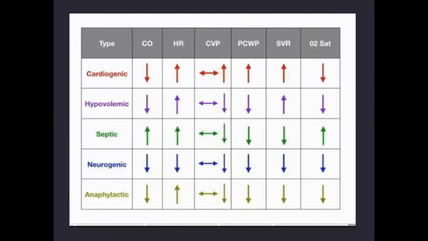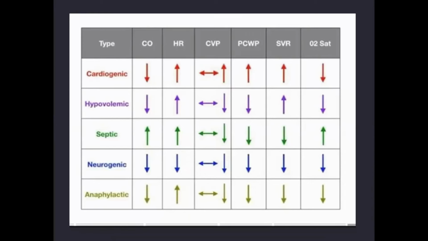The pulmonary capillary wedge pressure drops in septic shock for the same reason: due to the widespread vasodilation, there is less blood in the pulmonary system, along with increased cardiac output. As cardiac output is increasing, along with widespread vasodilation, vasodilation results in decreased preload.